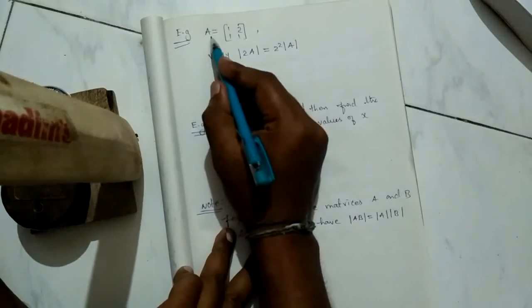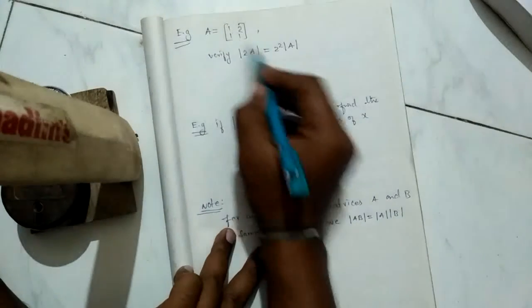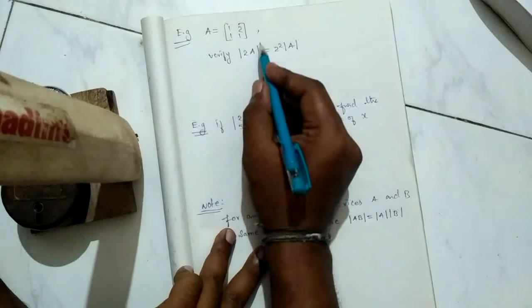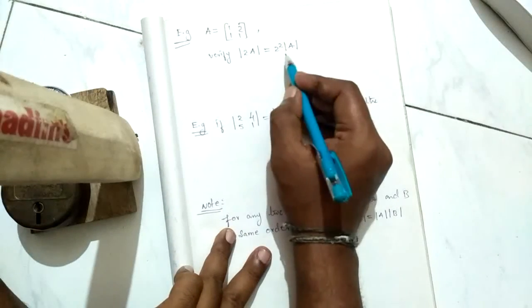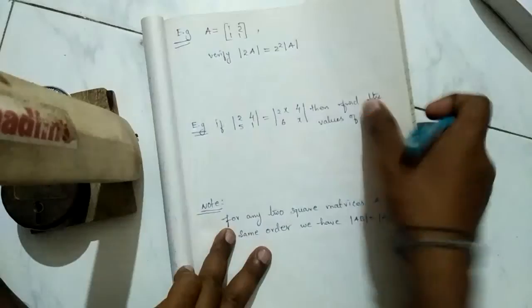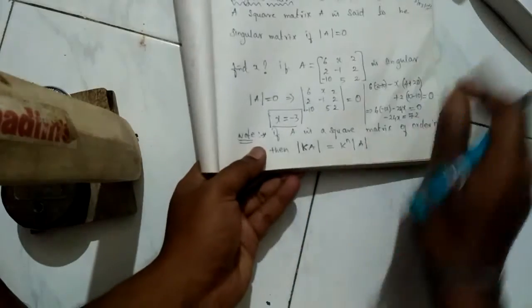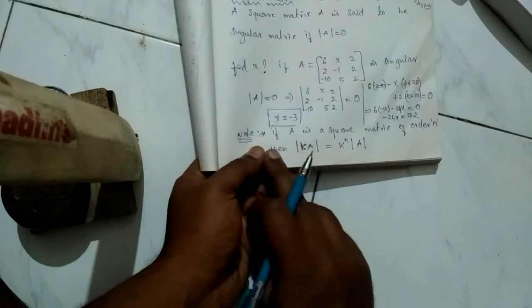So you can take an example. The determinant of A is this one, and you can verify this one. Determinant of 2A is nothing but 2 power 2 into determinant of A, right? What we have seen over here in this note. Okay, this note I am talking about.